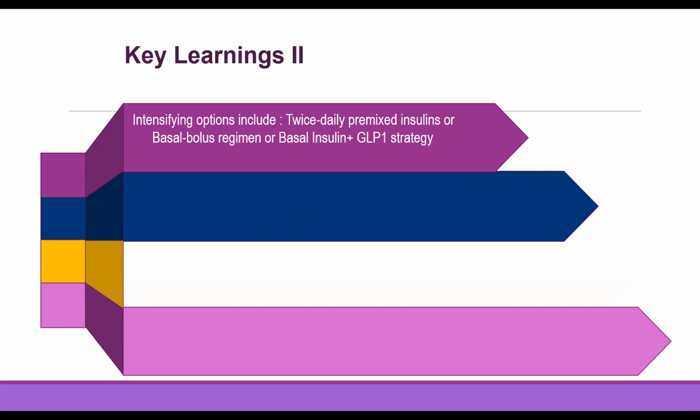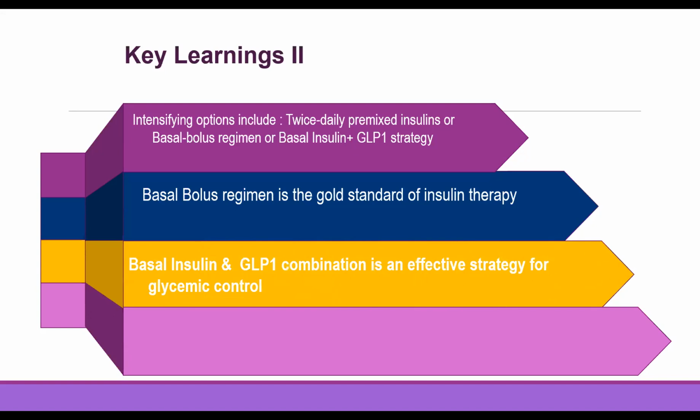Now, intensification options are basically 3. Either you give twice daily premixed insulin, or basal bolus regime, or basal insulin plus GLP-1 strategy. Now, basal bolus regime is the gold standard of insulin therapy, but associated with 4 pricks and less possibility of hypoglycemia compared to premixed twice daily insulin.